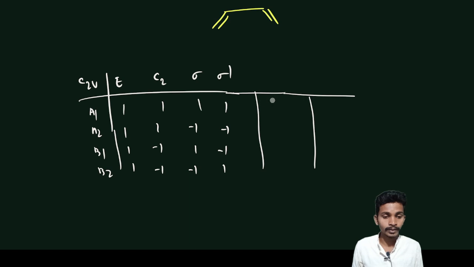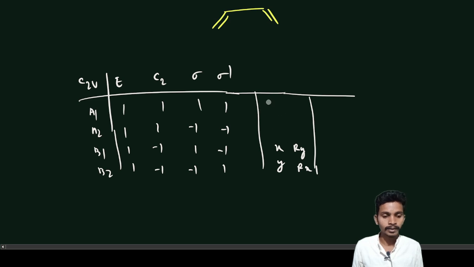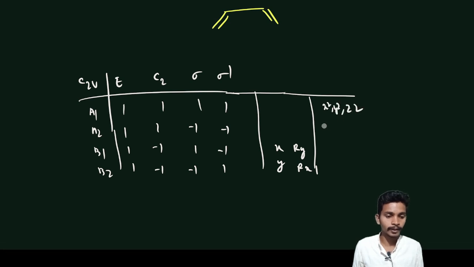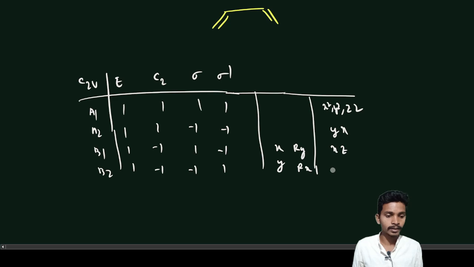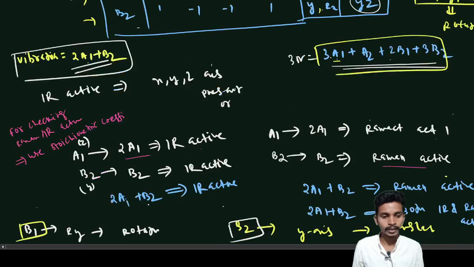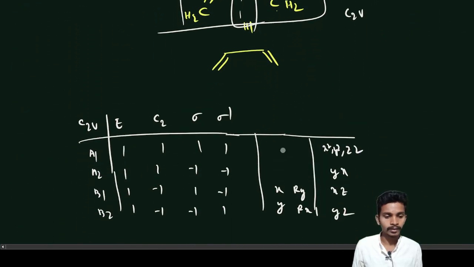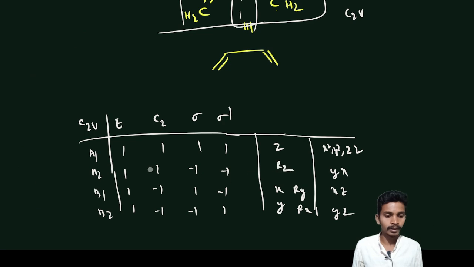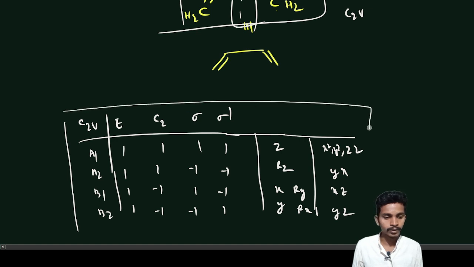Here we have, let's say, x and y, then this is Ry, and then this is Rx, and let's say this is here x square, y square and z square, and here we have xy, here xz, here we have yz, and here we have z and Rz. These are the character tables for the C2v point group.